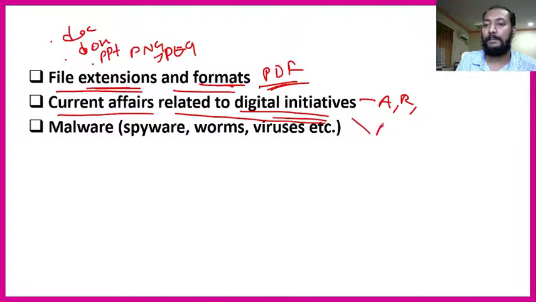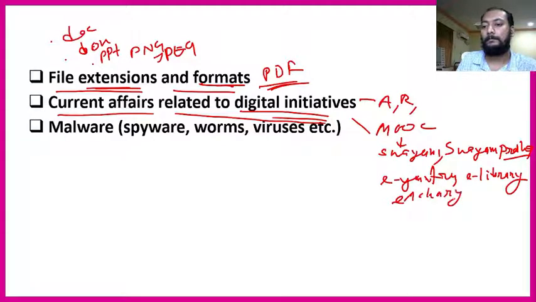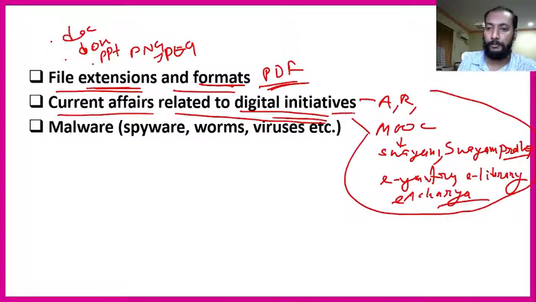For example, I already told you about MOOC; under MOOC, SWAYAM started, SWAYAM Prabha started. Then later on under here only, you can go for Yantra, E-Library, E-Acharya. So all these things come under this. These are the digital initiatives by the Indian government. So we need to look at those also.